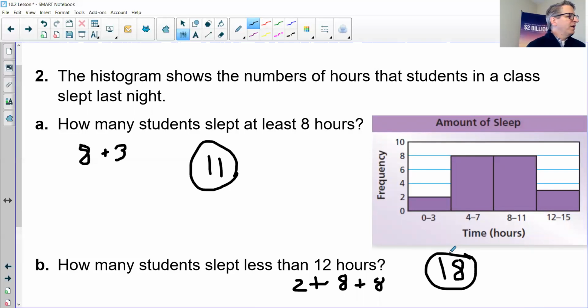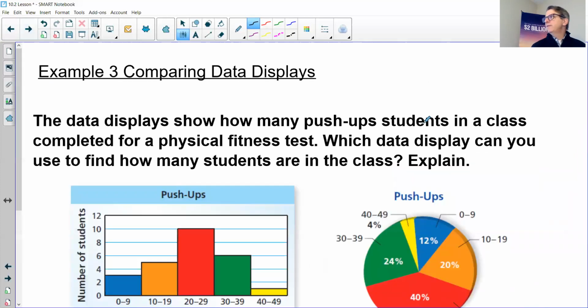Okay, example 3, comparing data displays with histograms. The data displays show how many push-ups students in a class completed for a physical fitness test. Which data display can you use to find how many students are in the class?